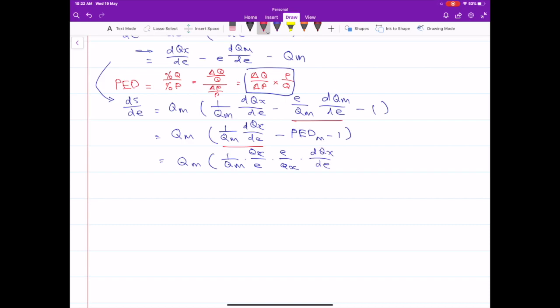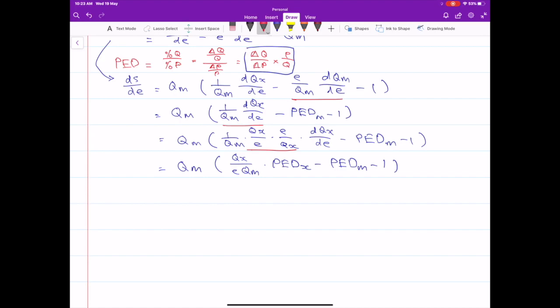So you realize that this term here is just a 1, which is why it doesn't affect anything. So continuing the rest of the expression, minus PEDM minus 1. Now we see we have QM times QX over EQM times PEDX minus PEDM minus 1.